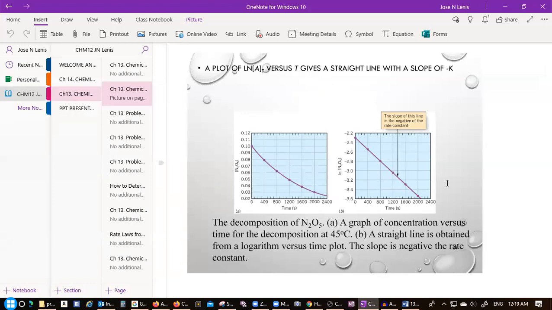They ran the experiment and took different measurements of the concentration of N2O5 against time. And look what happened. Look at the shape of the graph. What would you say? This is a graph of concentration of N2O5 against time.